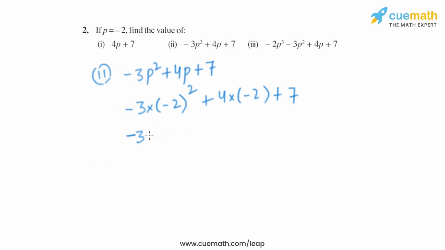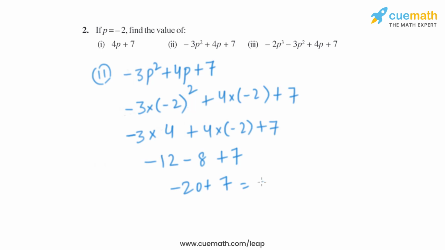So it will become minus 3 into 4 plus 4 into minus 2 plus 7. Now after multiplying them, we will get minus 12, minus 8 plus 7.